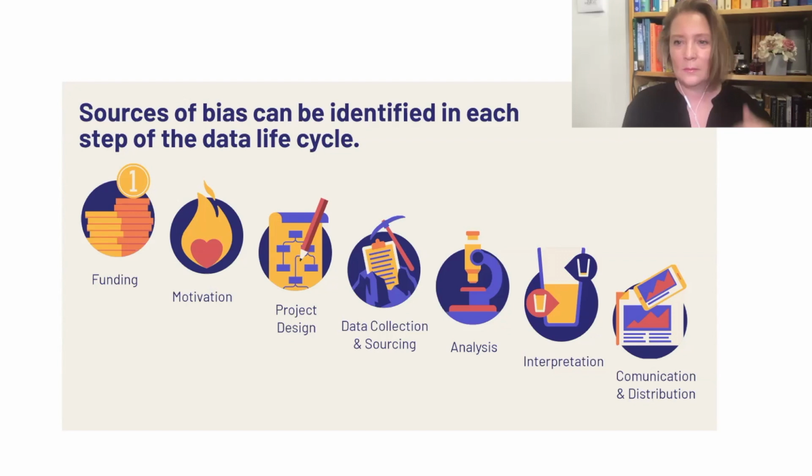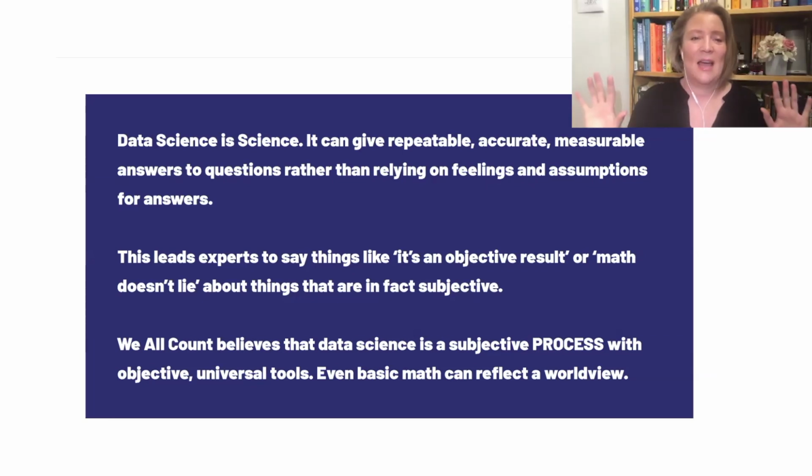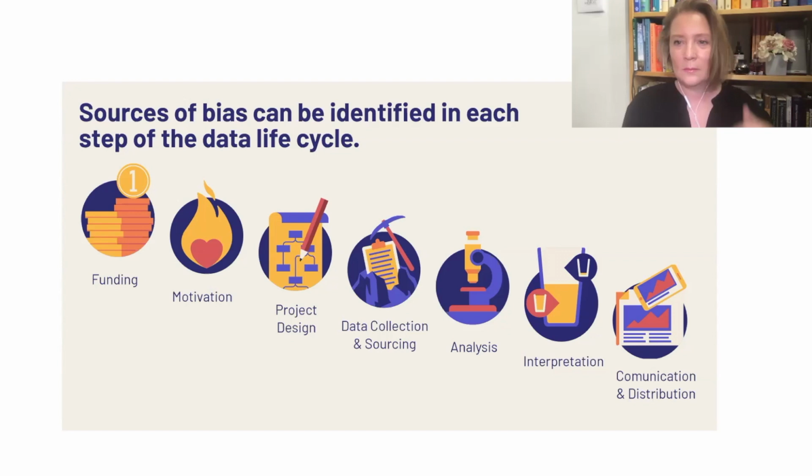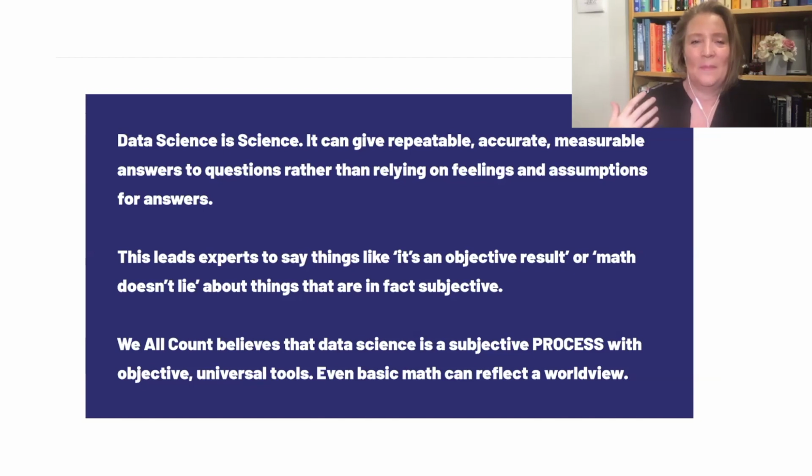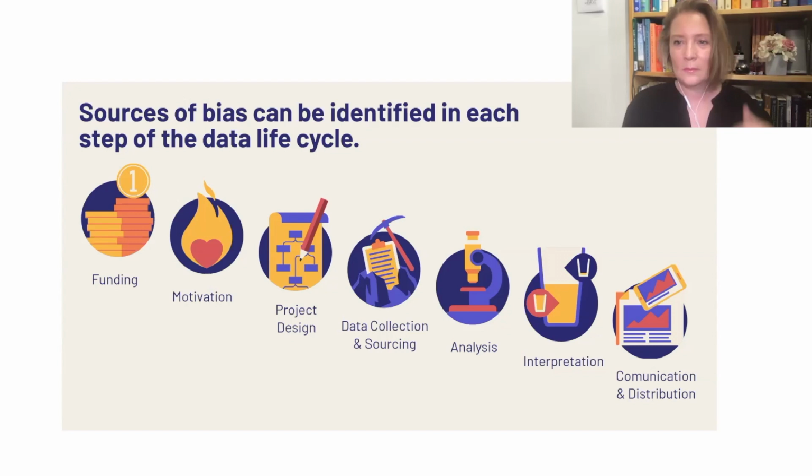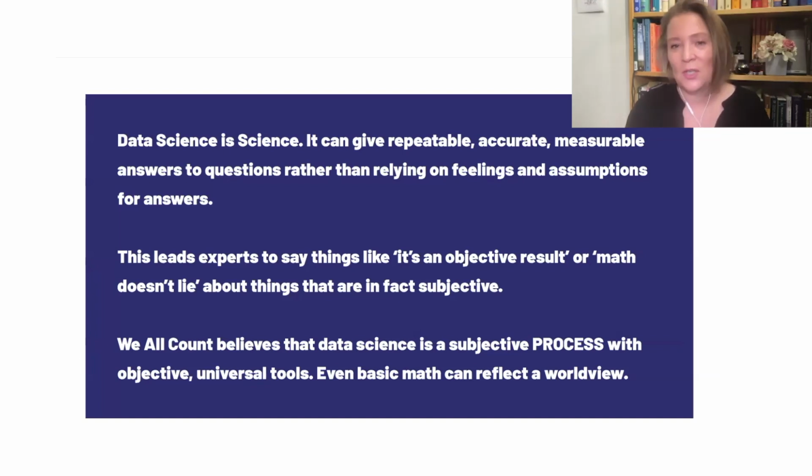This does not mean that I'm saying that there's no such thing as truth, or that there's no such thing as a fact. What this means is that data science is a science. Data journalism is a good idea. It can give repeatable and accurate answers to your questions without just relying on people's intuitions or emotions to get those answers. But that does not mean that data or data science is an objective result, or that math doesn't lie.